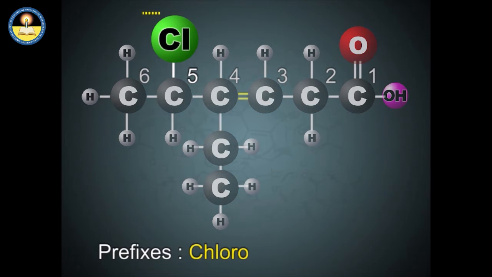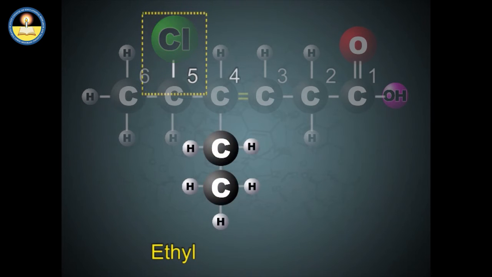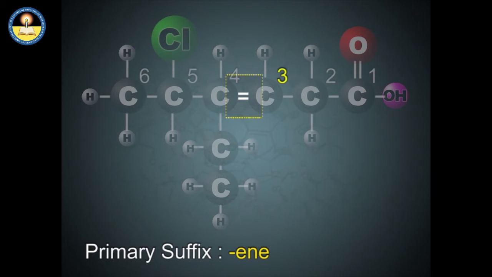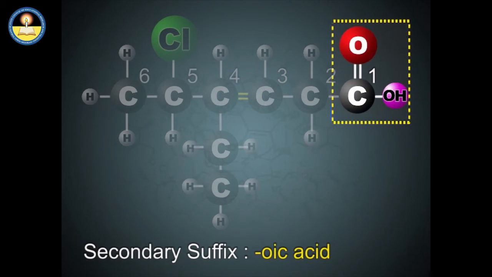Prefix used at position 5 is chloro and prefix used at position 4 is ethyl. Primary suffix used at position 3 is -ene. Secondary suffix used at position 1 is oic acid.